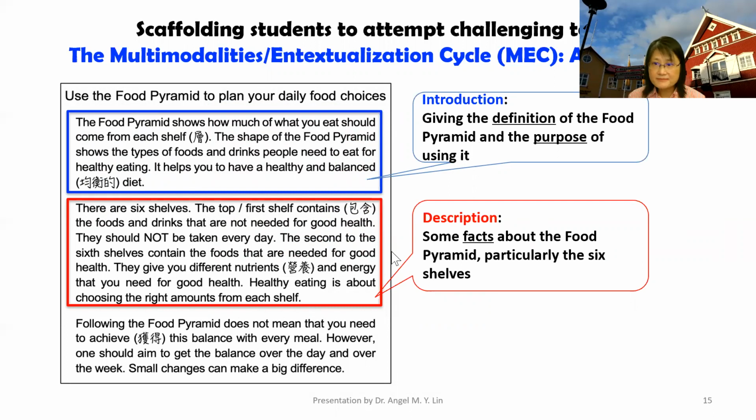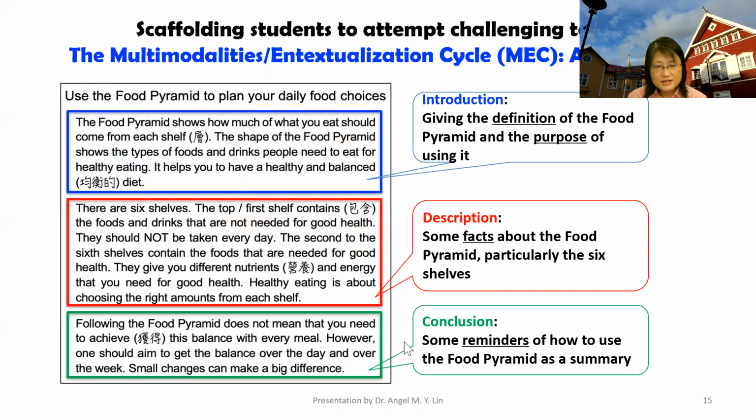The second paragraph describes the facts about the food pyramid. The conclusion, the third paragraph, gives the conclusion. So this text is very cohesive. It goes through a sequence of 3 stages to produce a very coherent text called description text to describe the topic food pyramid.